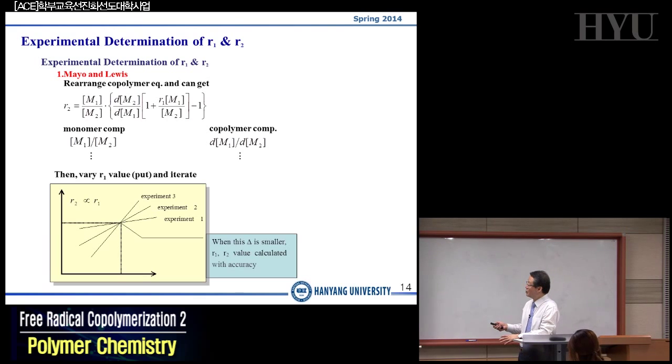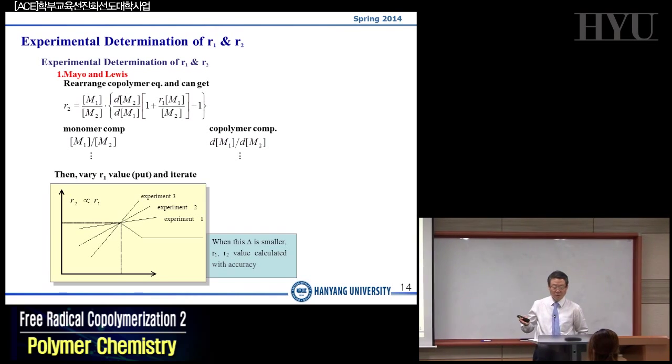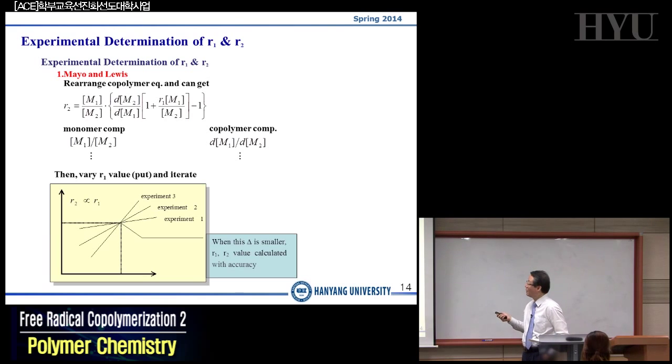So what you can do is that you can change the concentration of your monomer 1 and concentration of monomer 2, so that you will have a copolymer system with a given concentration of M1 and M2. Okay? And then you can determine your dM1 and dM2 in your copolymer system. So this is one point. Okay? And then you can repeat and change M1 and M2 and get the dM1 and dM2, stuff like that.